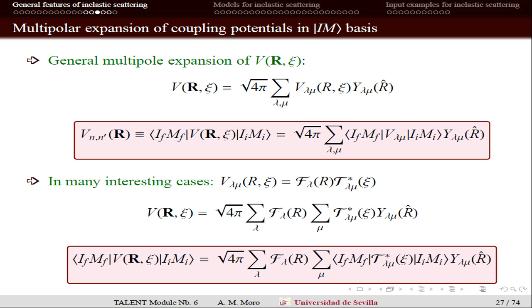For lambda equals 0, the spherical harmonic is 1 over the square root of 4 pi. This will cancel out. For lambda equals 0, this corresponds just to the central potential. For Coulomb interaction, this will be just the product of the charges times e squared divided by the modulus R. So we don't have additional factors.